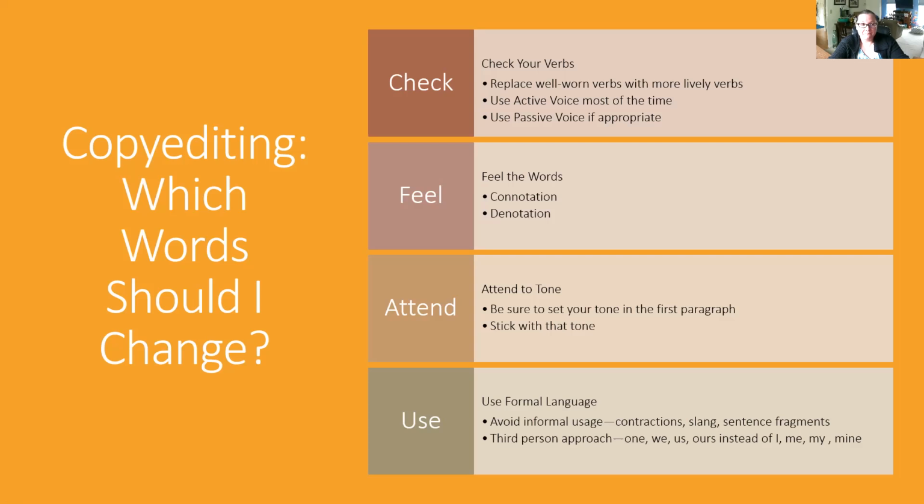So instead of saying, I would think that working 4 12-hour shifts would be a good thing, you would say, one would think that working 4 12-hour shifts would be a good thing, right?